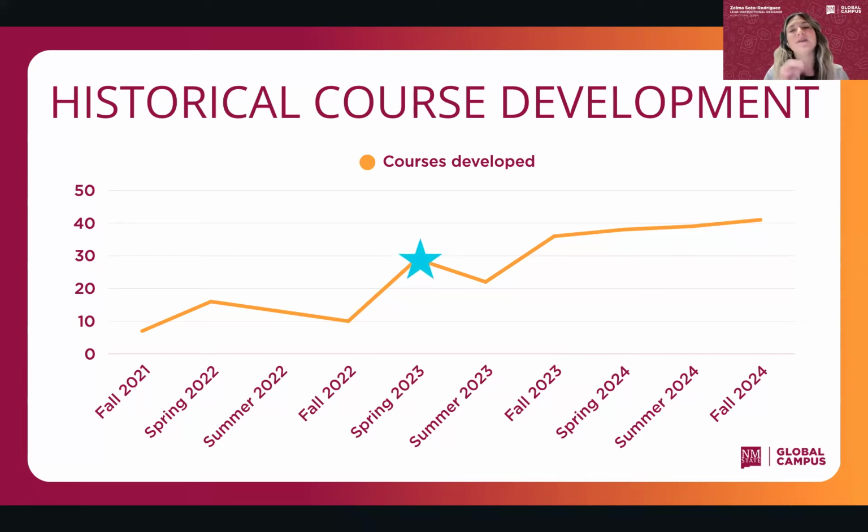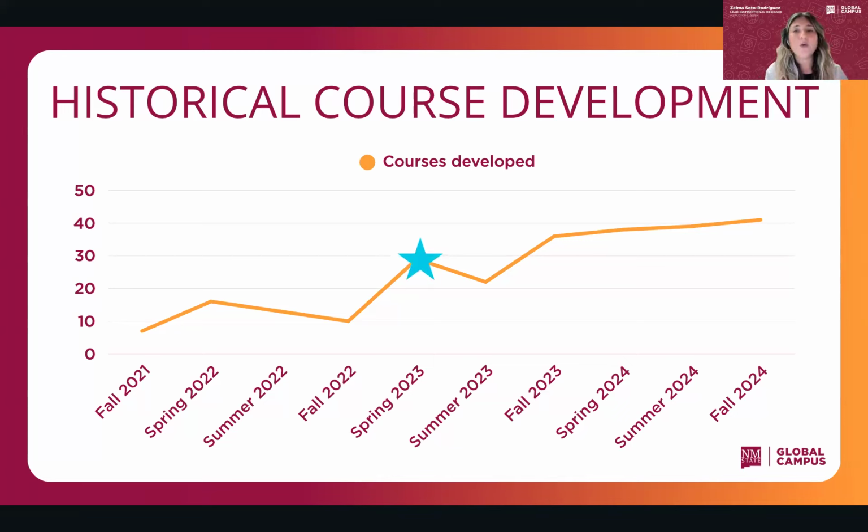I want to share a little bit of context. The NMSU Global Campus was established in 2023. Before that, we had NMSU Online and other face-to-face courses and online courses, but it wasn't very official until we transitioned from a mix to fully online programs.